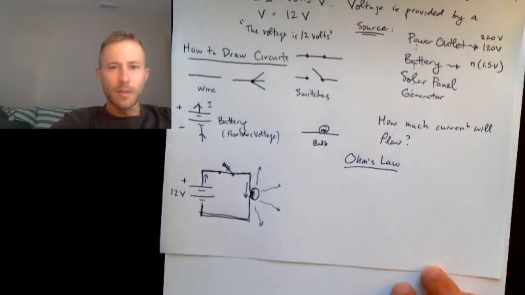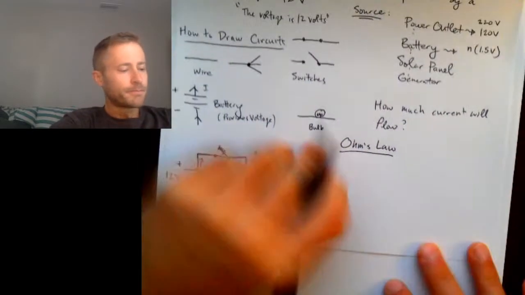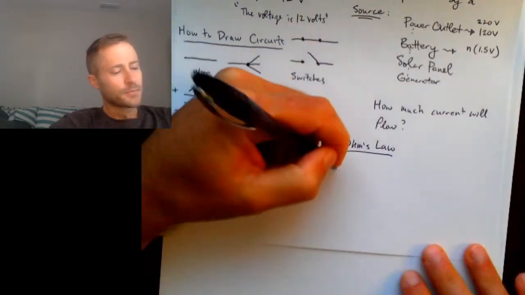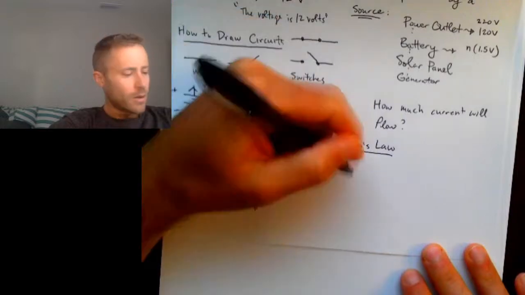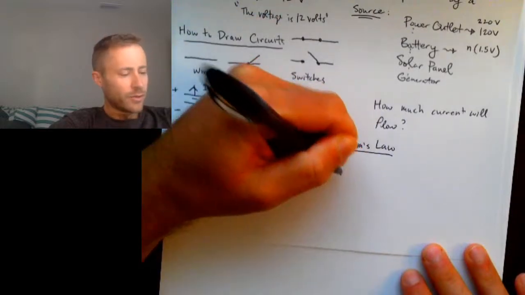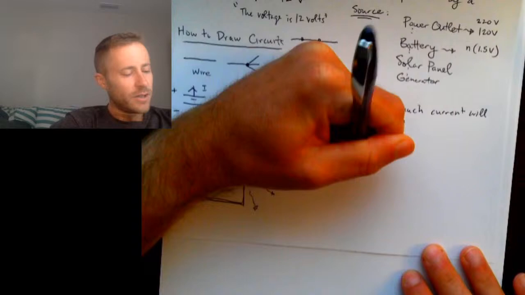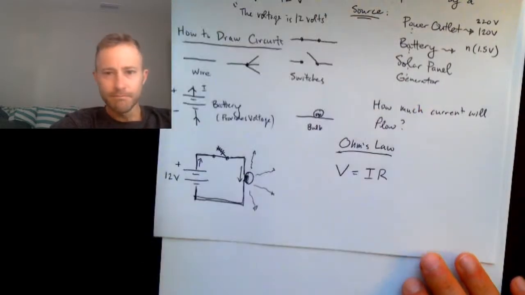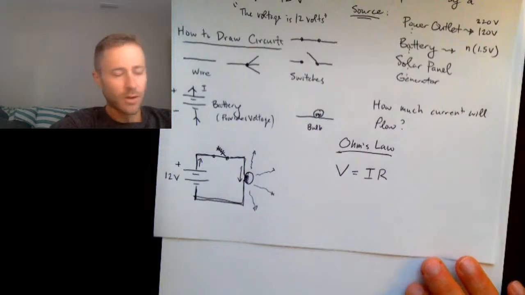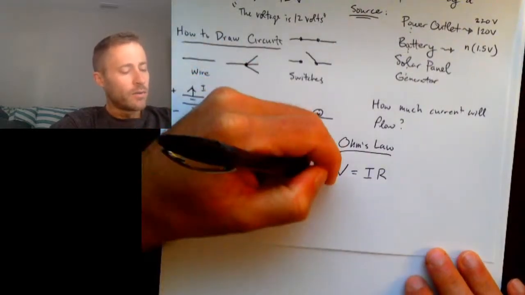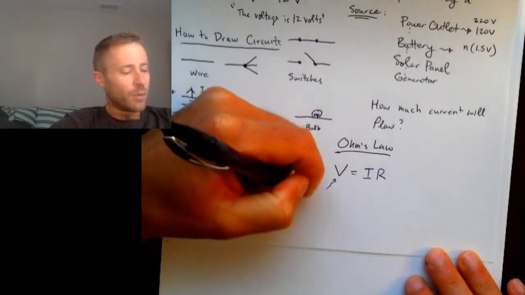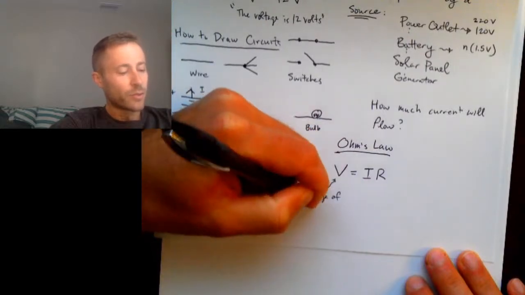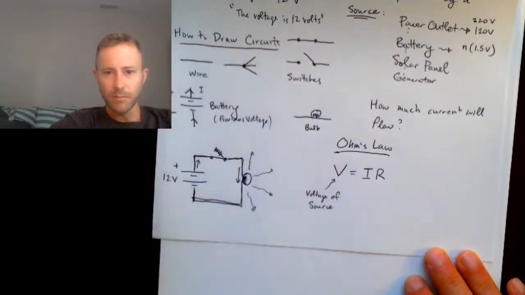And Ohm's Law is very easy to remember. It's V equals I times R. Where V is the voltage of the battery, or I'm going to say the source, voltage of the source, okay?